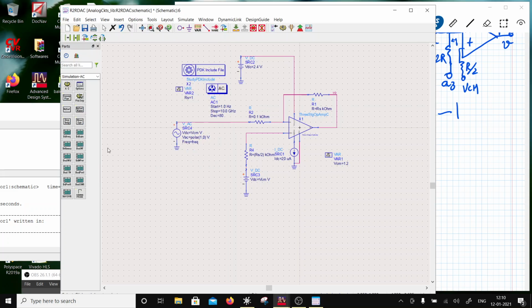This is kilo ohm. Now I am going to create a ladder structure over here. Let's forget about this one, and let's just create the structure.